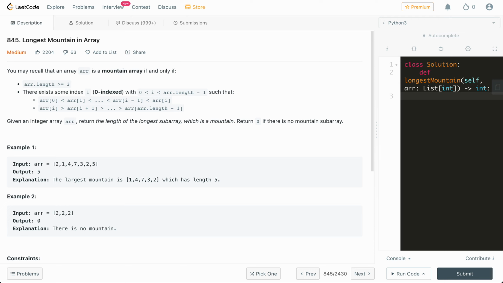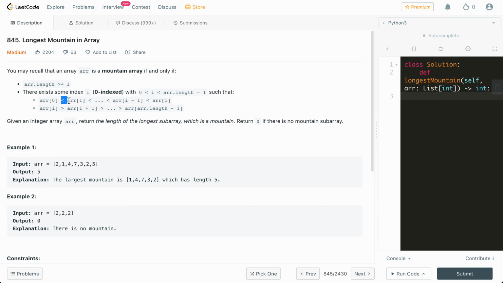Dev here. Today we're going to be solving Longest Mountain in Array, LeetCode medium question 845. This question says that, recall that an array is a mountain array if and only if it is an array of length greater than or equal to 3 and there is some subset of numbers in the array such that they are strictly increasing.